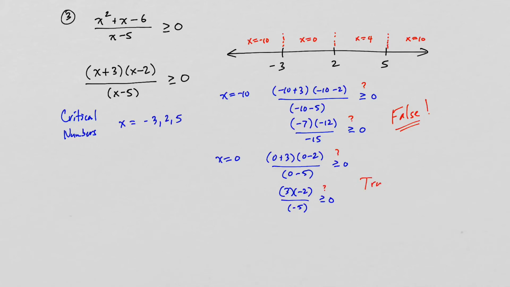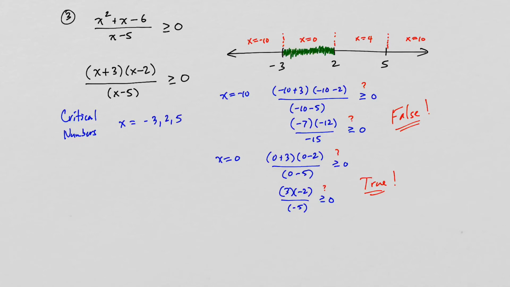This is true. And it's true because a negative number divided by a negative number is a positive number, and a positive number is greater than 0. So because x equals 0 is true, we're going to shade in all the numbers that x equals 0 represents, which would be all the numbers in between negative 3 and positive 2.